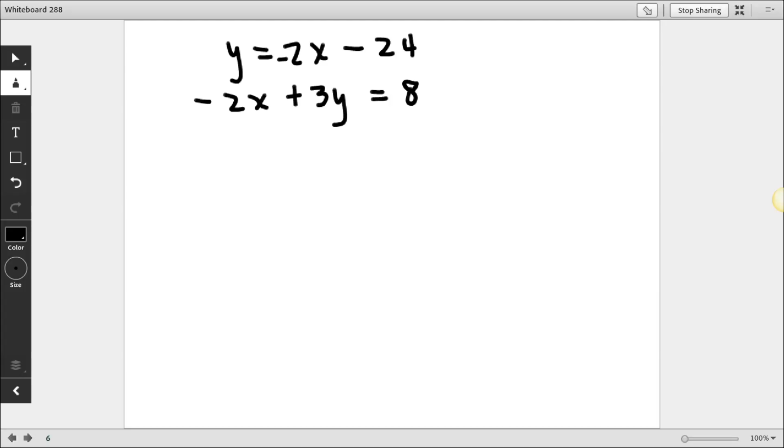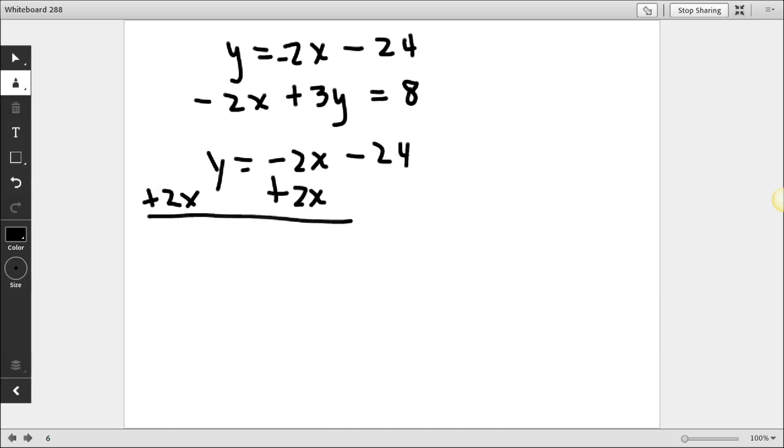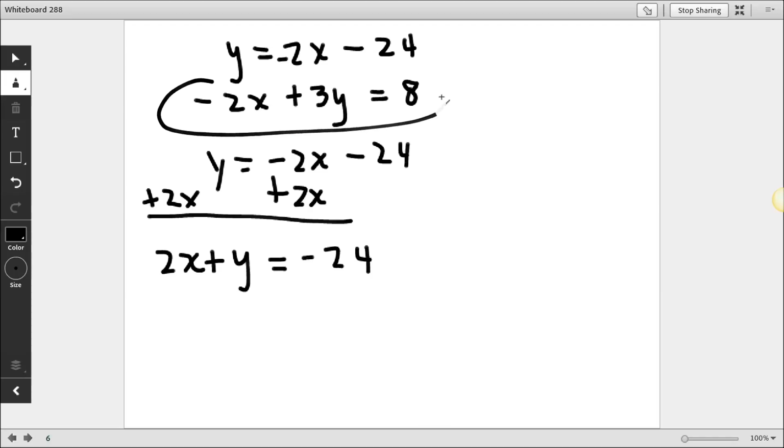So in the first equation, I'm going to add 2x to each side to put it in standard form. So that gives me 2x plus y equals negative 24. I've got my original second equation.